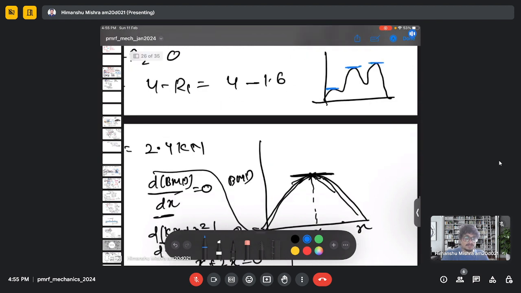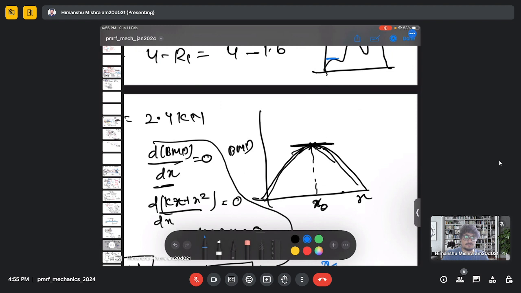But in simple systems where you have one varying load, in that case the bending moment will behave like this one, which is proportional to x to the power n, and n could be 2, 3 or 4 or so on.